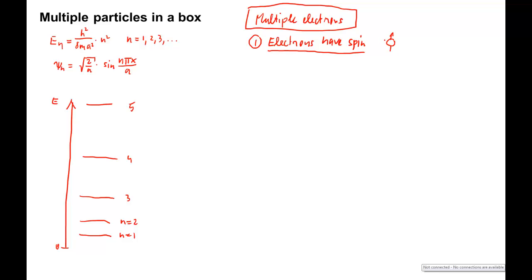Spin up looks like this, and it's called the alpha state. Spin down looks like this, and it's called the beta state. The overall state of an electron is described by the product of a spatial wave function with a function representing the spin state.